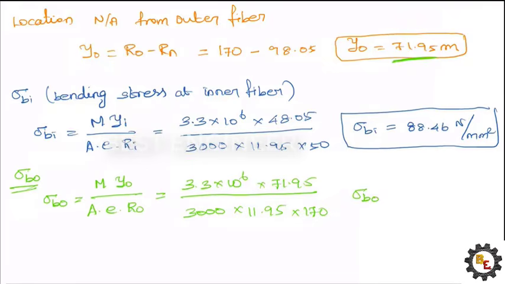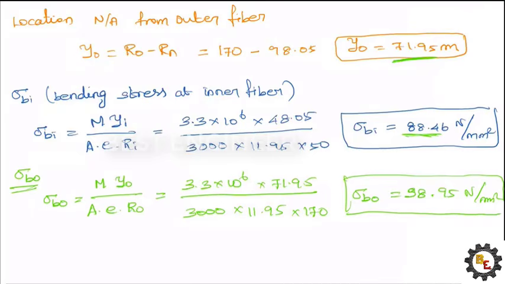So sigma b outer equal to 38.95 Newton per millimeter square. You can see two bending stresses, inner fiber and outer fiber. In the inner fiber the stress is more than the outer fiber. In a curved beam with uniform cross section, the maximum bending stress is located at the inner fiber.